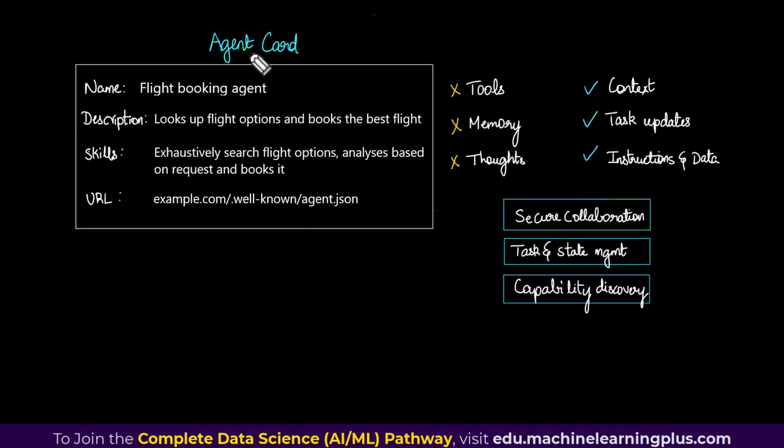Now, that is possible by the use of what Google refers to as the agent card. Every agent that you build, if it needs to work with the agent-to-agent framework, it needs to define an agent card which has a name, it has a description, it has the skills about what this agent can do, right? Name is the name of the agent, description is what it actually does.